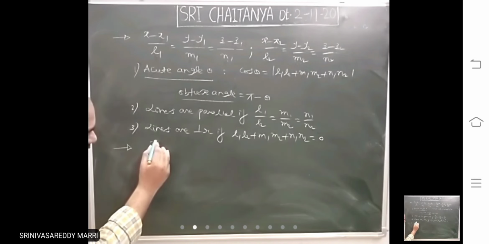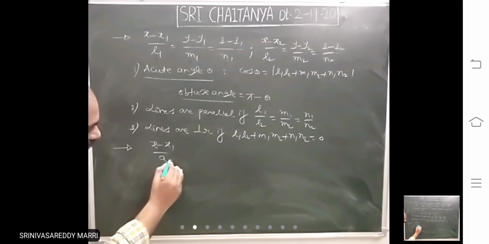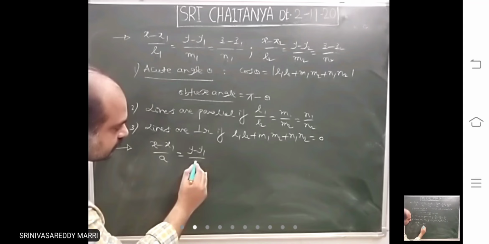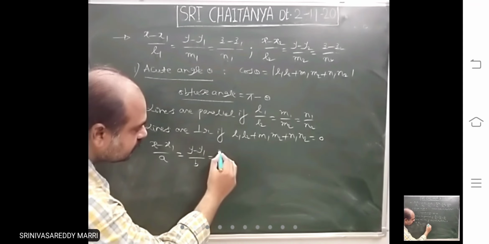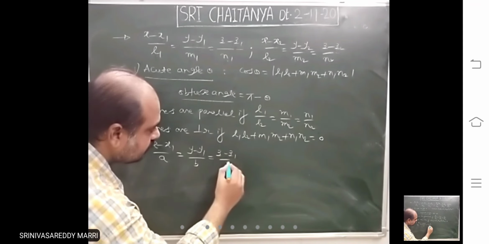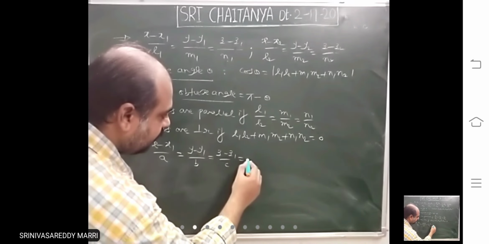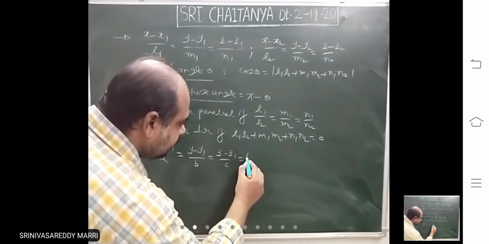Suppose a line is there like this. Any line will be in this form, equal to some t.